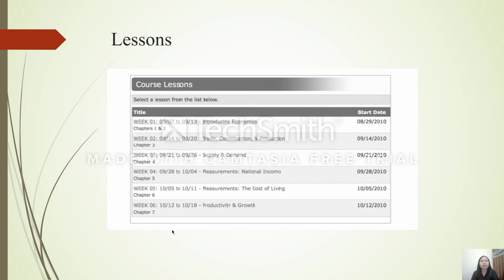And then the next feature is lessons. Lessons are the core instructional containers for your course. In this feature, the teacher puts the lesson plan for the course, like in this example, for week 1, the teacher will teach about introducing economics and so on.